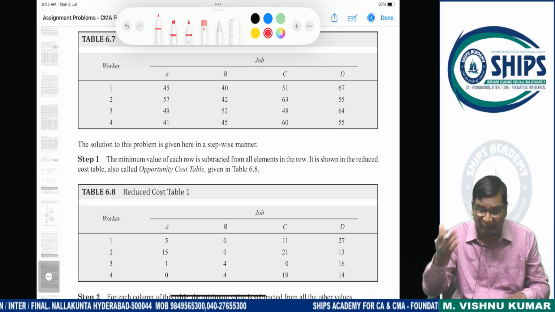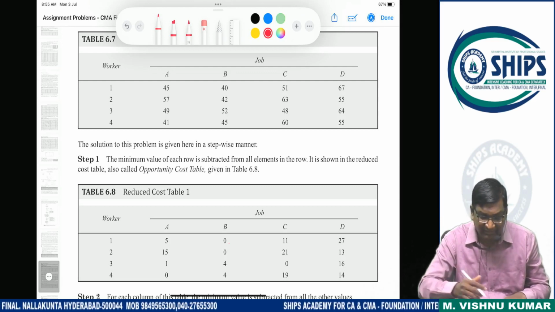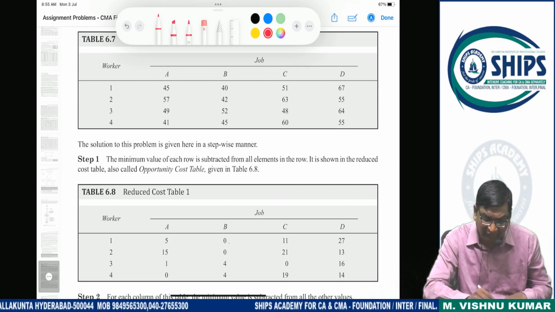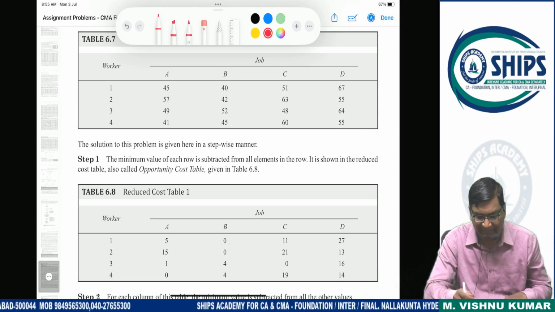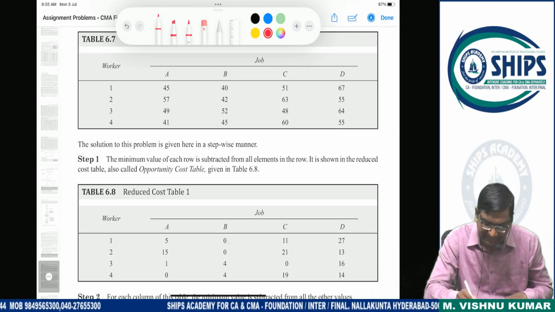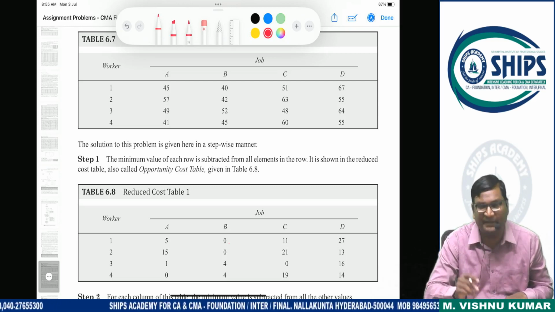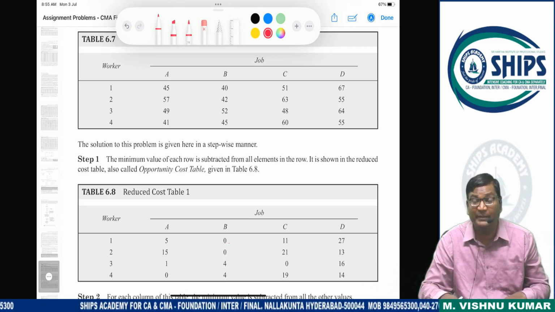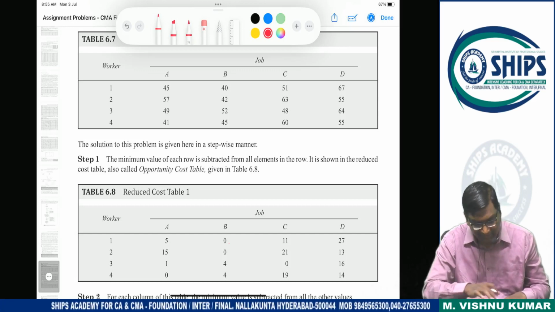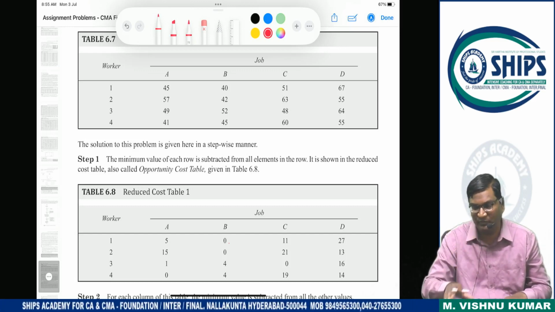Other jobs require more time. If you give jobs A, C, D to worker 1, he will take more time as compared to job B. That is why I made this step. You understand now?